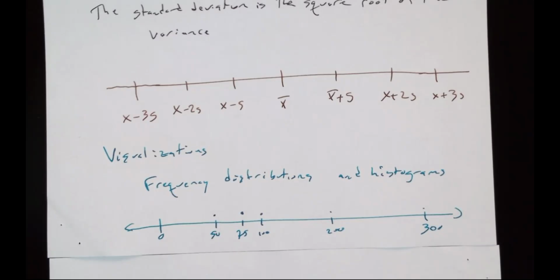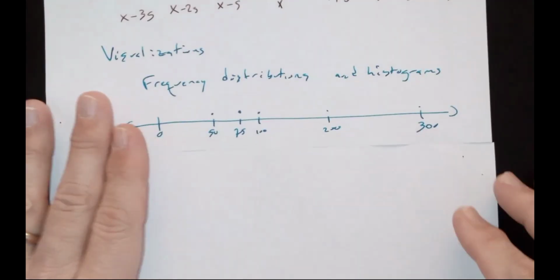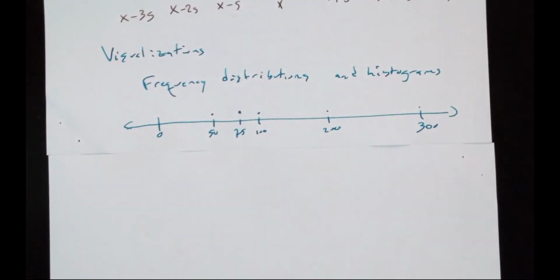How would you group numbers between 0 and 100 for grading purposes? I could do it in tens, couldn't I?